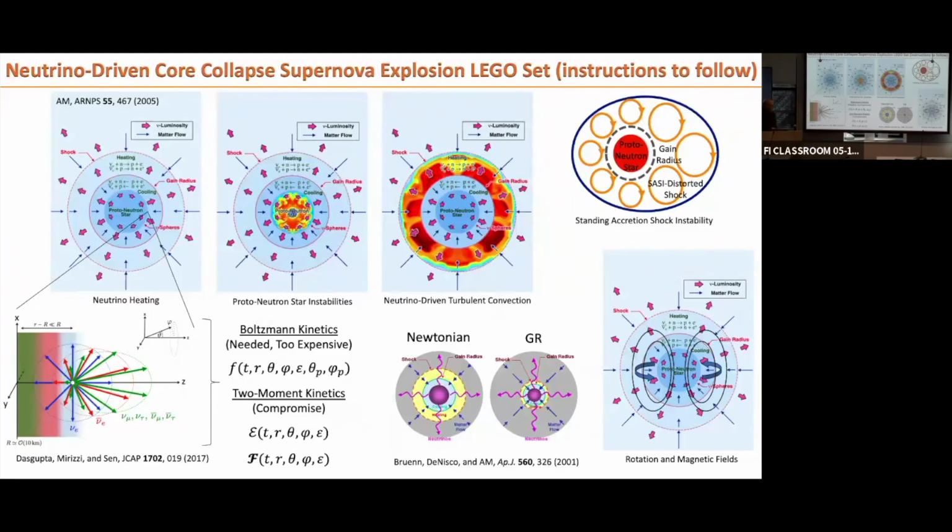The problem here is that there is a closure prescription that's required, because the equation for the flux involves the next higher moment. And in fact, in a spectral setting where you don't integrate out the energies, it involves the next 2 higher moments. So you have to specify those higher moments in terms of the lower moments, much like you have to specify the pressure in terms of the density, for example, to close the hydrodynamics equations, because you have a gradient of pressure in the hydrodynamics equations, but the pressure is not an evolved quantity.